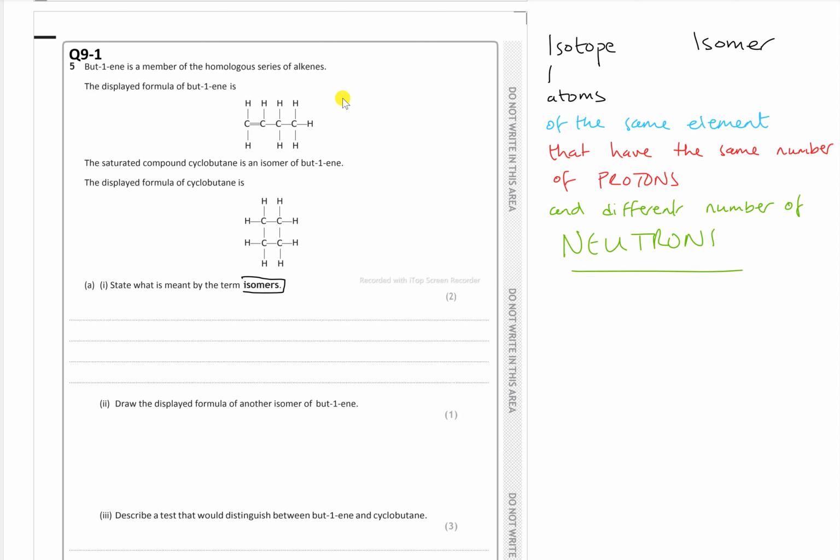Learn this definition. But we're not interested in that, are we? We're interested in isomer.